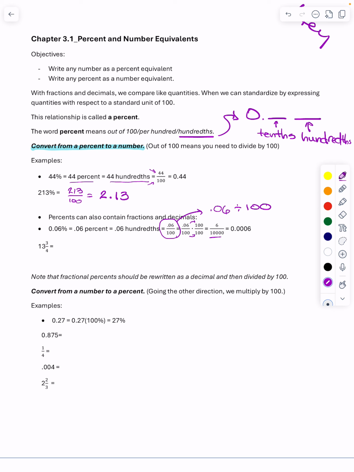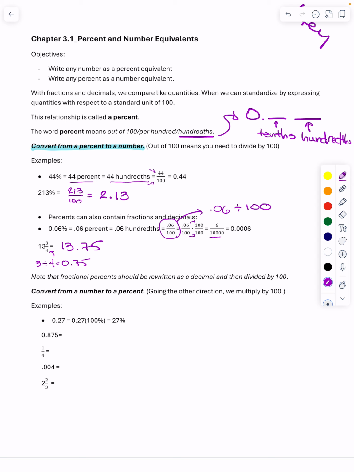Next example here, 13 3/4. If you want, this would be a great place to pause, give it a shot yourself, and then come back and double check. Totally up to you. But I want to start by converting this fraction to its decimal equivalent. This makes this 13.75, which means I have 13 wholes and 75/100.